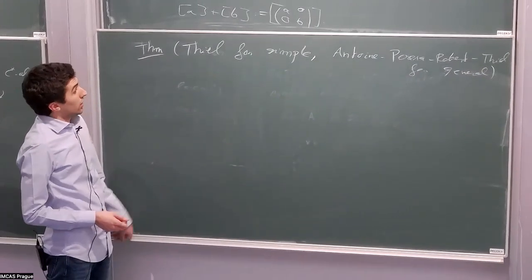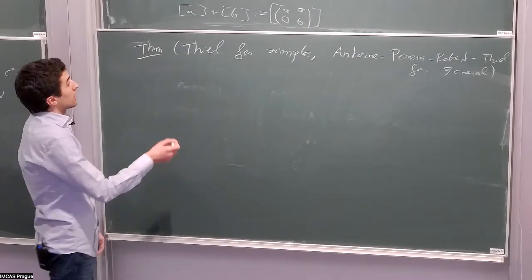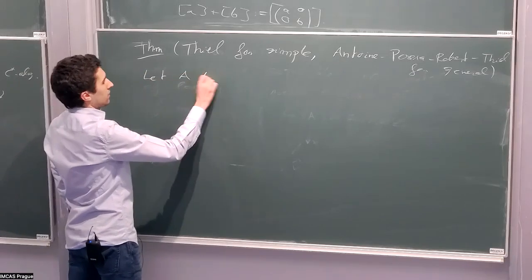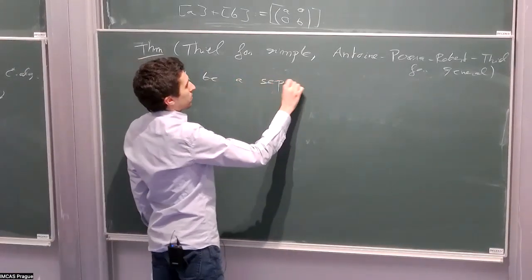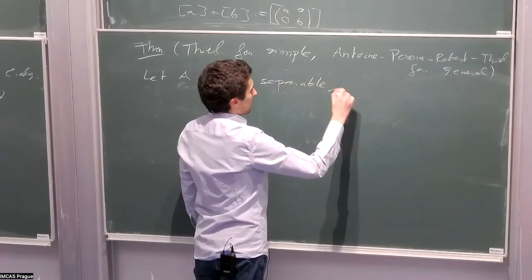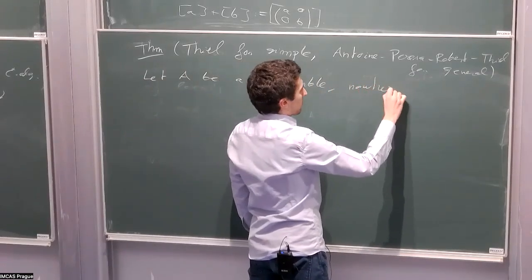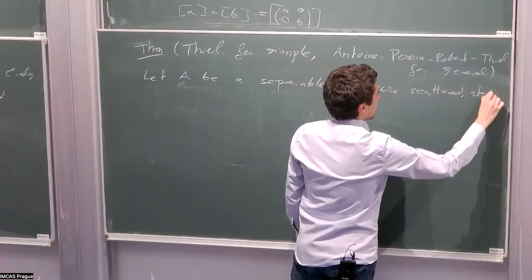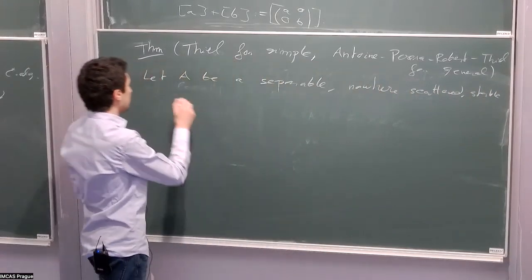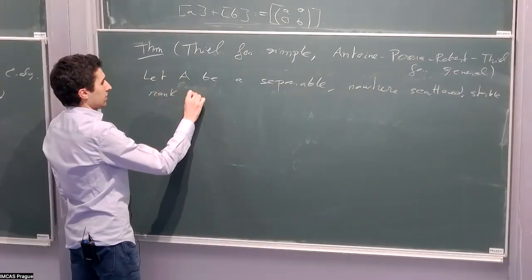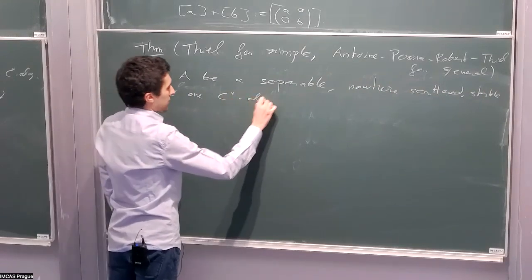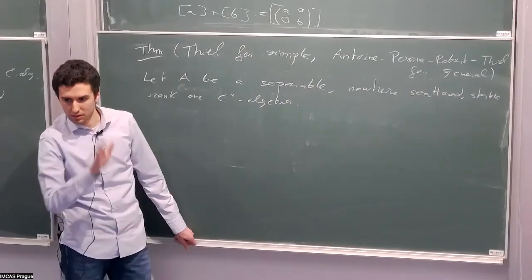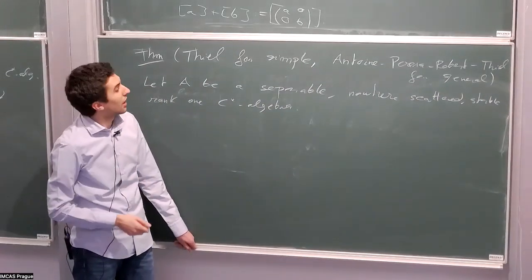But yes, always, if I say simple, I usually mean the C*-algebra, but it's the same thing. Okay, so what they proved is that if you have a stable rank 1, separable, nowhere scattered C*-algebra, and I'm not going to define what nowhere scattered is. If you were here last year, then you know.